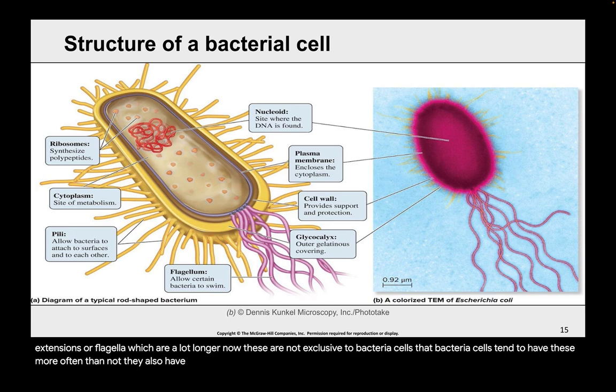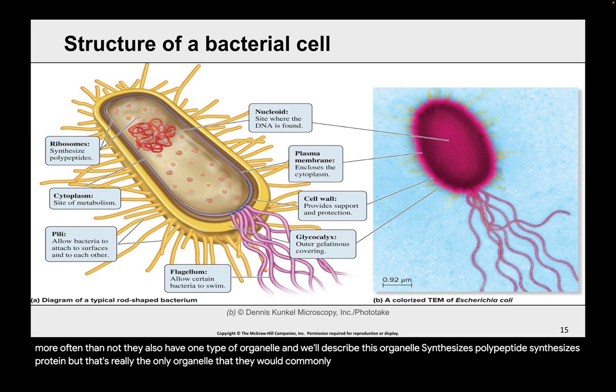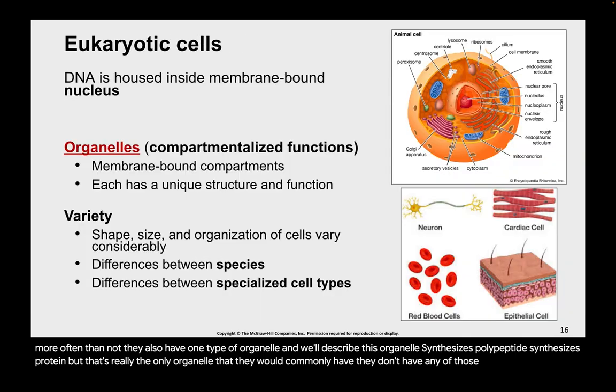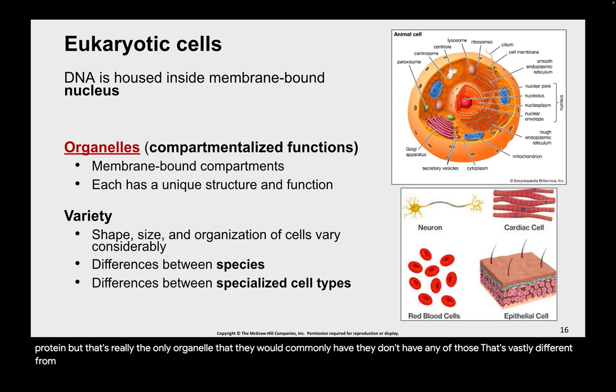They also have one type of organelle, and we'll describe this organelle in a little bit more detail in a few slides, but they have ribosomes, which synthesizes polypeptides, synthesizes proteins. But that's really the only organelle that they would commonly have. They don't have any of the others. That's vastly different from our eukaryotic cells.